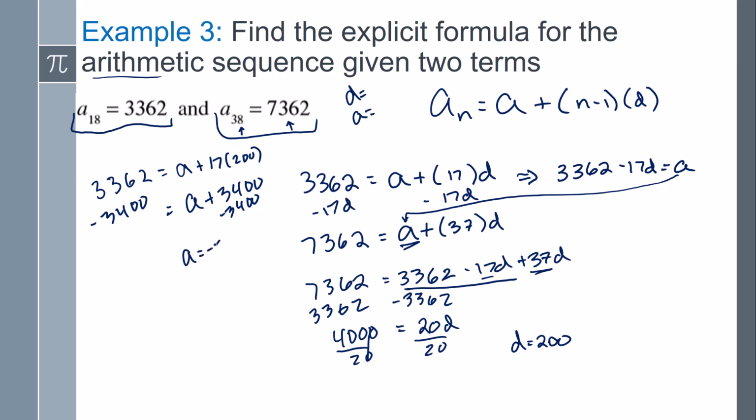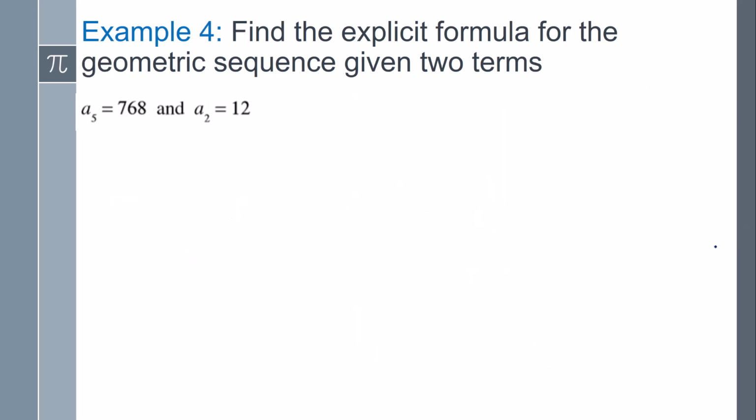So a equals negative 38. So I have my a, now I have my d, I can construct my formula. A sub n equals my first term plus n minus 1 times d.